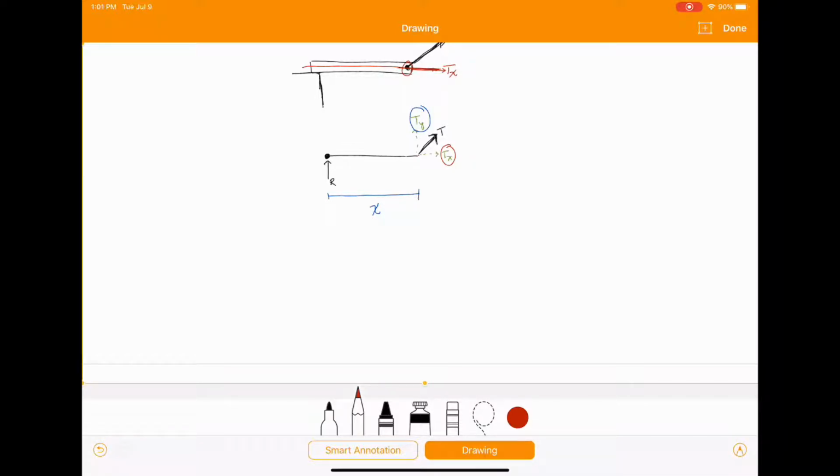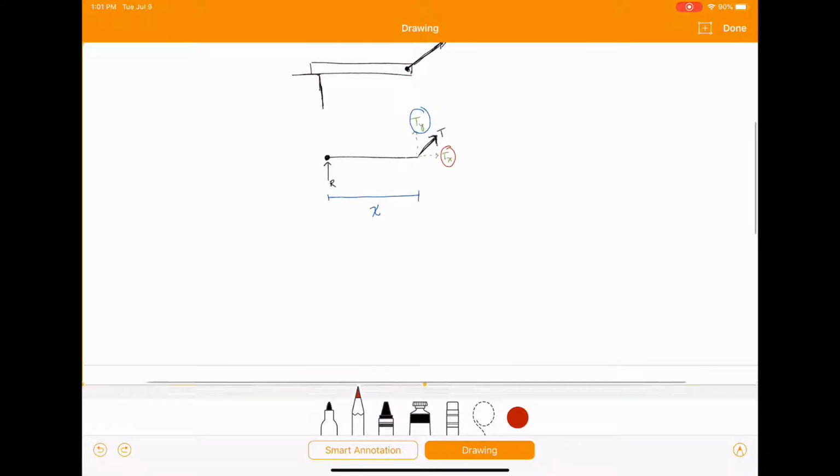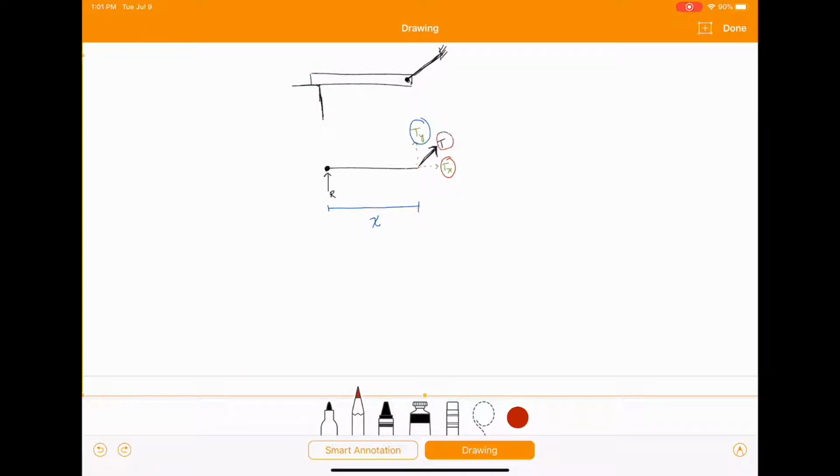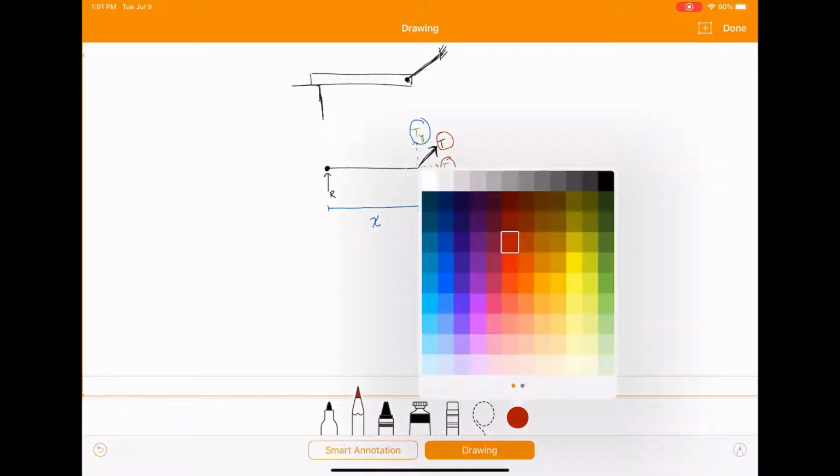So the perpendicular distance there is actually 0. But we can still break this tension force down into its components and then get the perpendicular distance from there.